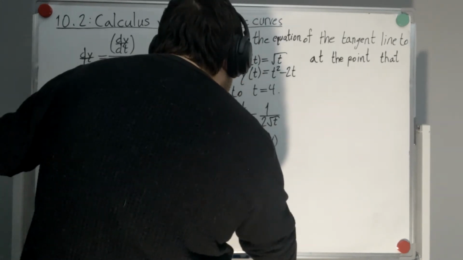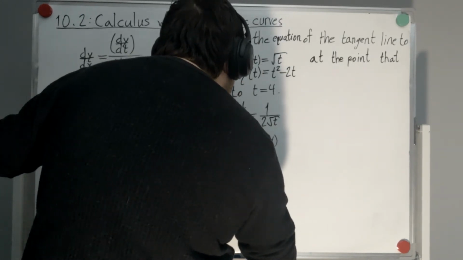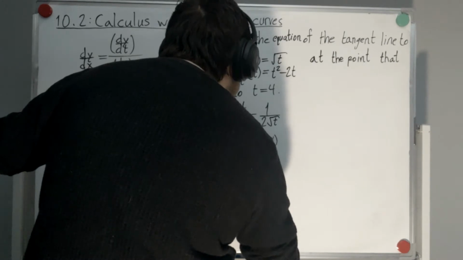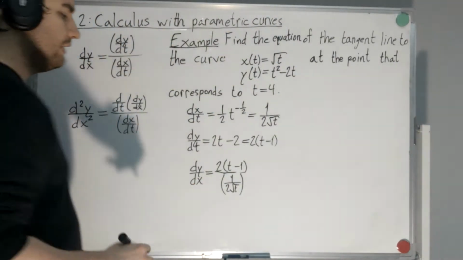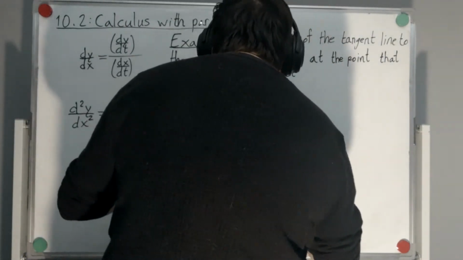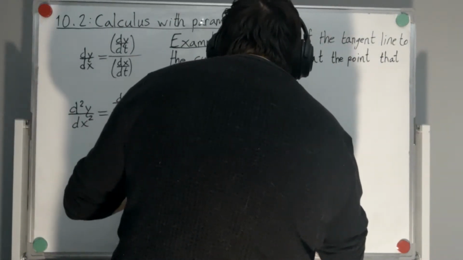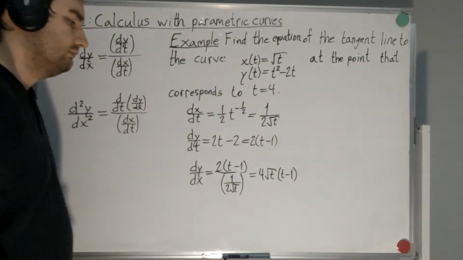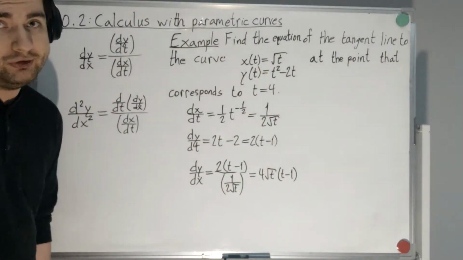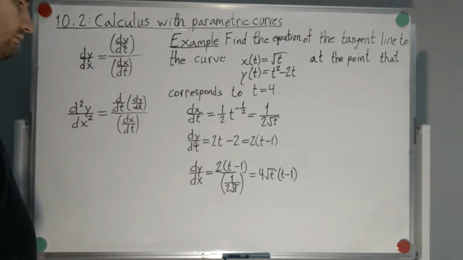Okay, so actually we're dividing by 1 over 2 root t. Then this actually becomes 4 root t times t minus 1. You know, that's a good enough way to write it as any.